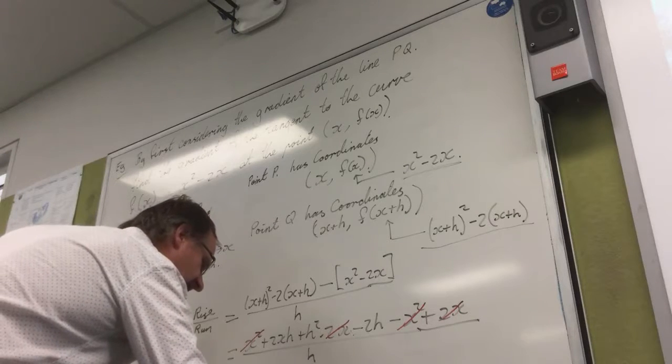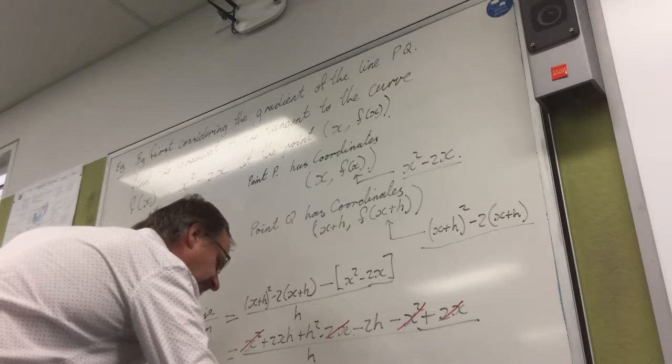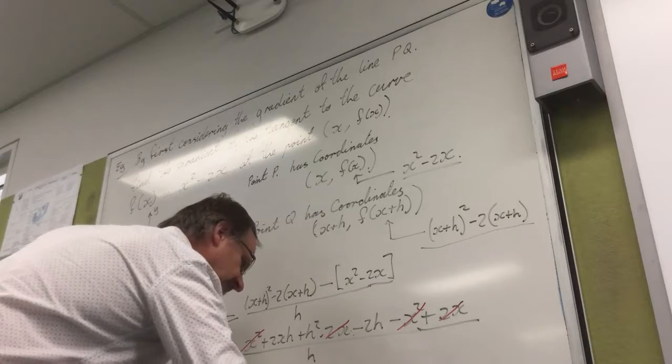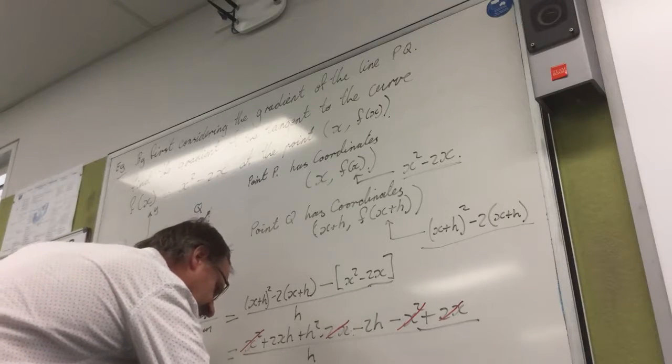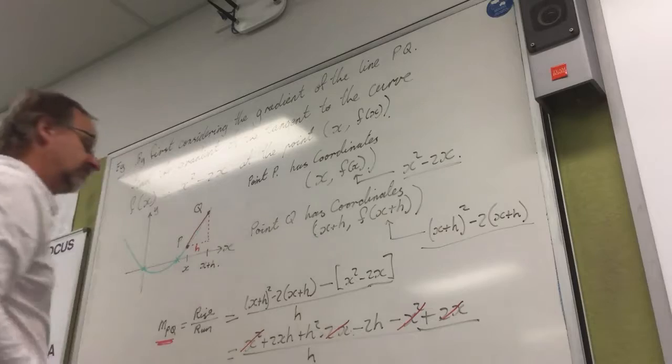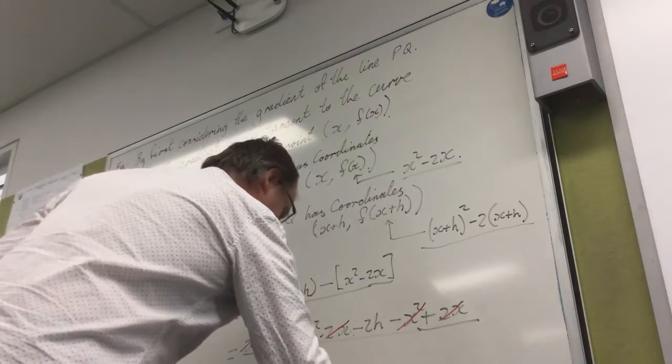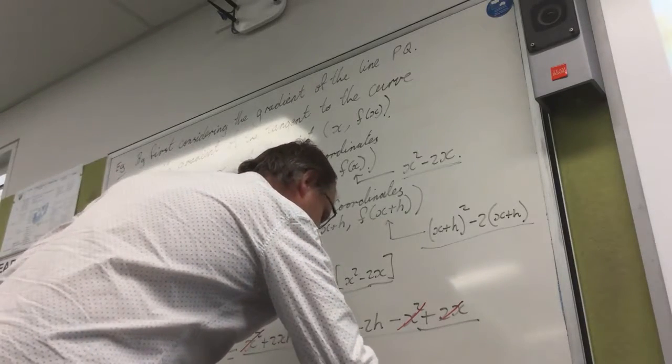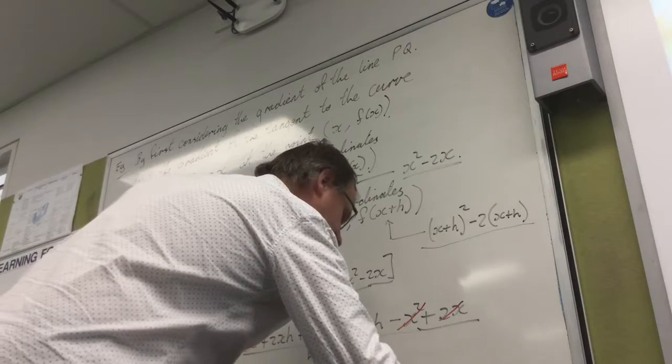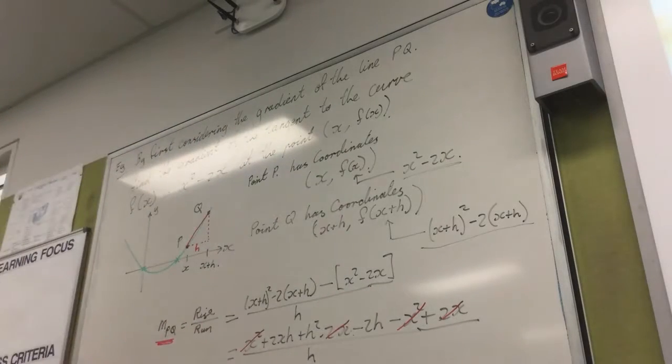Take h out as a common factor. That equals h plus 2x minus 2. A lot of mucking around there, just a bunch of algebra.